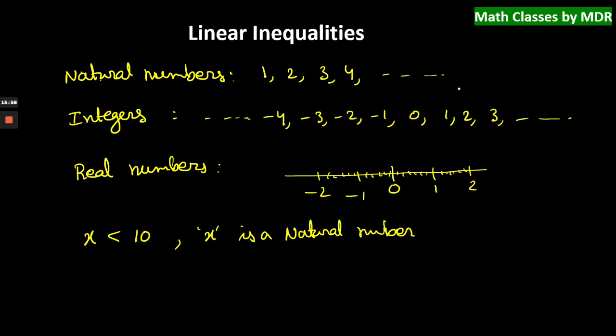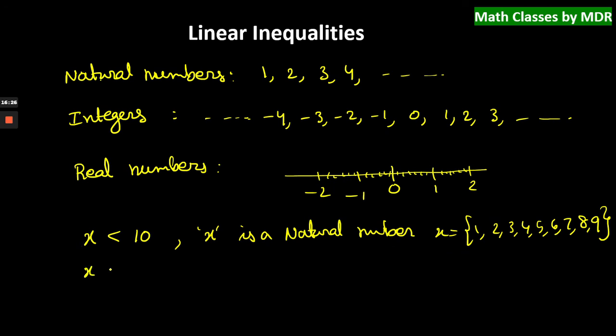How many numbers are there less than 10? x is equal to the set of all the numbers 1, 2, 3, 4, 5, 6, 7, 8, 9. What about 10? Is 10 there in the set of x? No, 10 is not included. Less than means 10 is not included. So we represent it with curly brackets if it is a natural number.